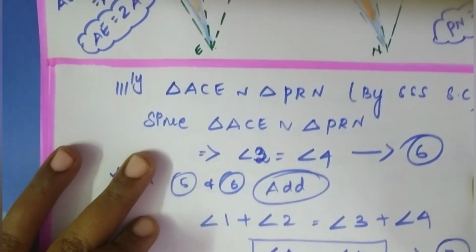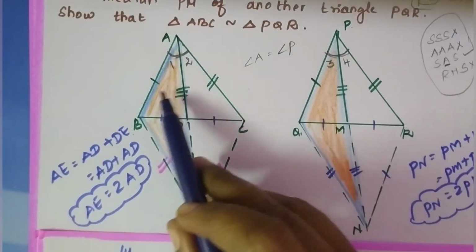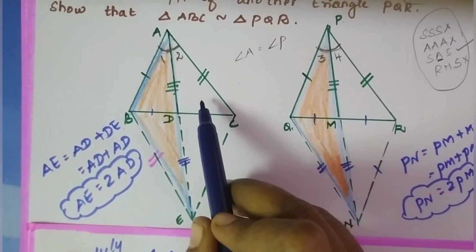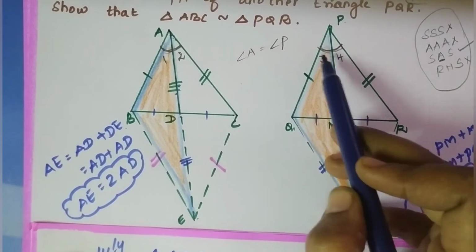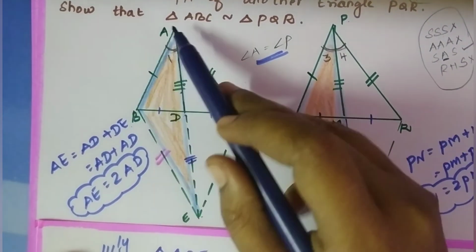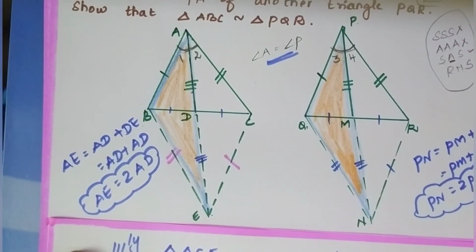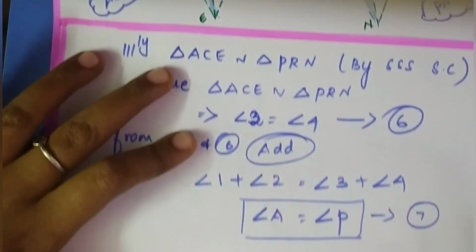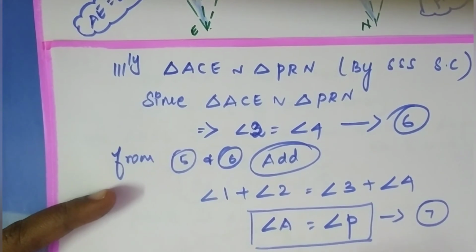So already I said that the two sides are in proportion. If we prove that angle A is equal to angle P, we can tell that the whole triangle ABC and PQR are similar. Clear? That only I am going to write.